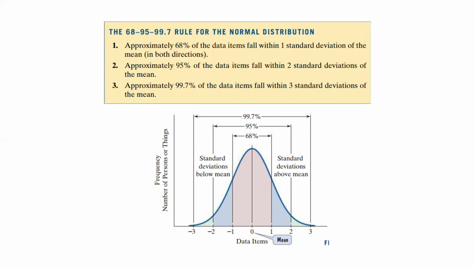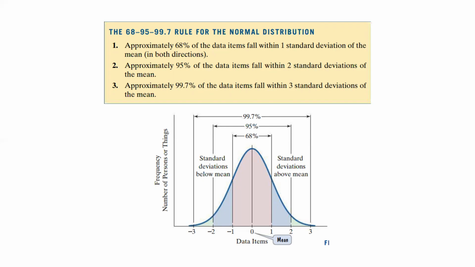Well, there is this 68, 95, 99.7 rule that tells you that if you want to find a data point between one standard deviation above and one standard deviation below your mean, your average. So on this figure, the mean is 0, right in the middle of the graph.